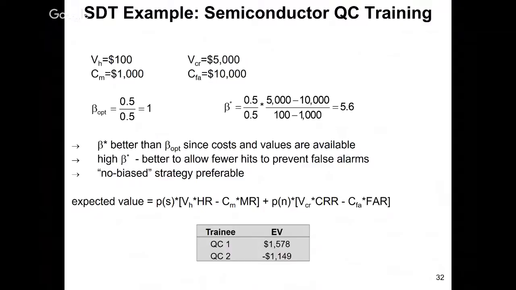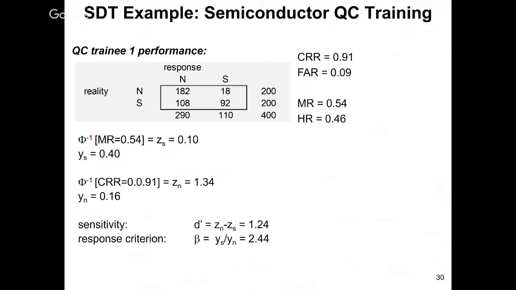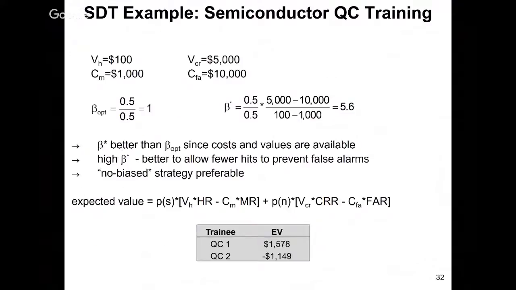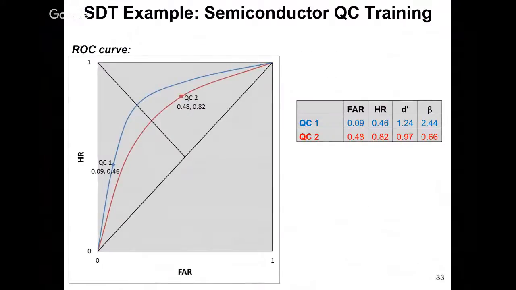So out of luck, trainee, wait, which one? Trainee 2, sorry. This isn't the right field for you. But here's the ROC. This is without including that financial information, the expected value information.